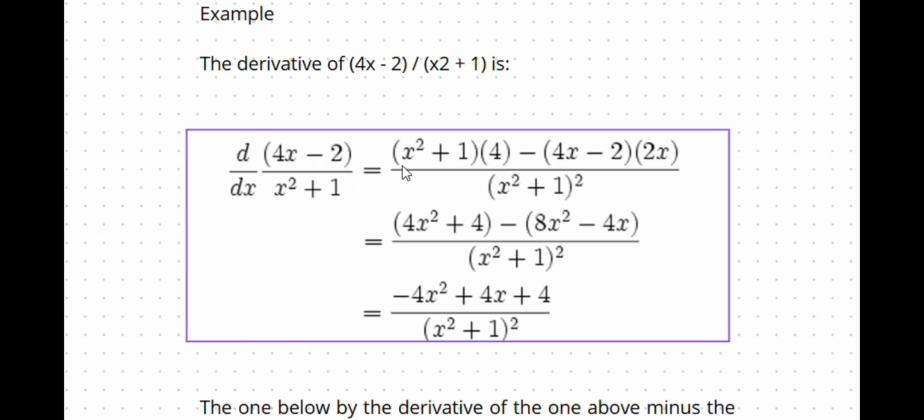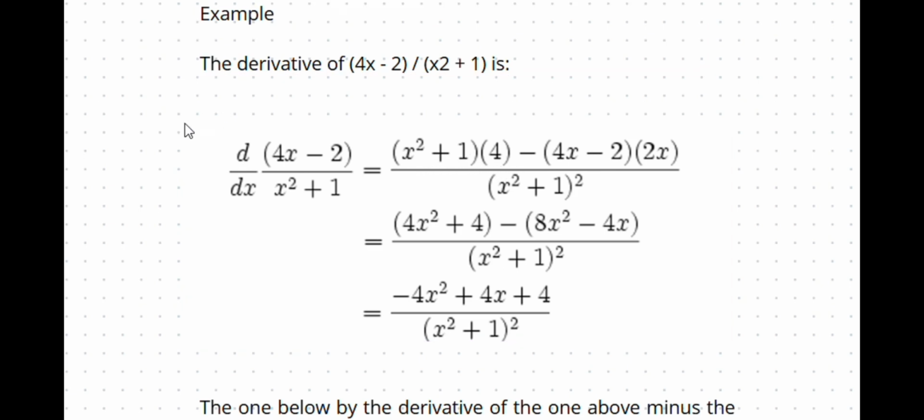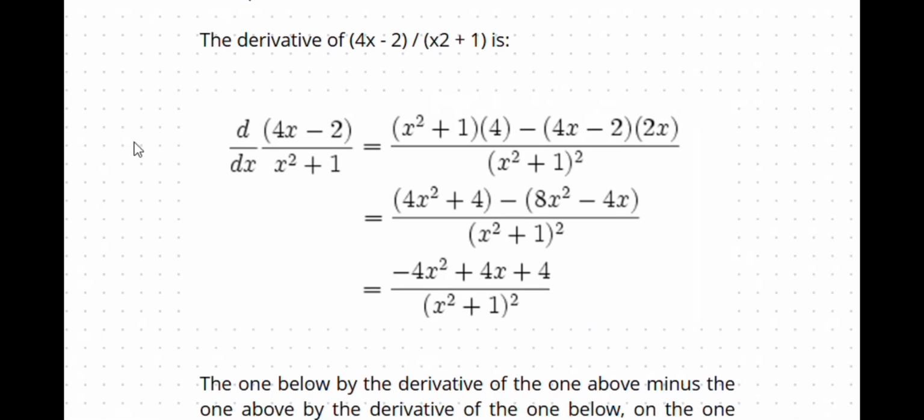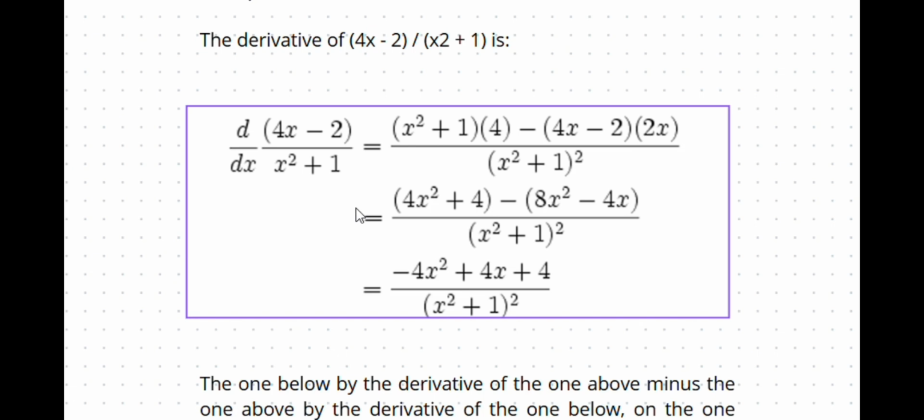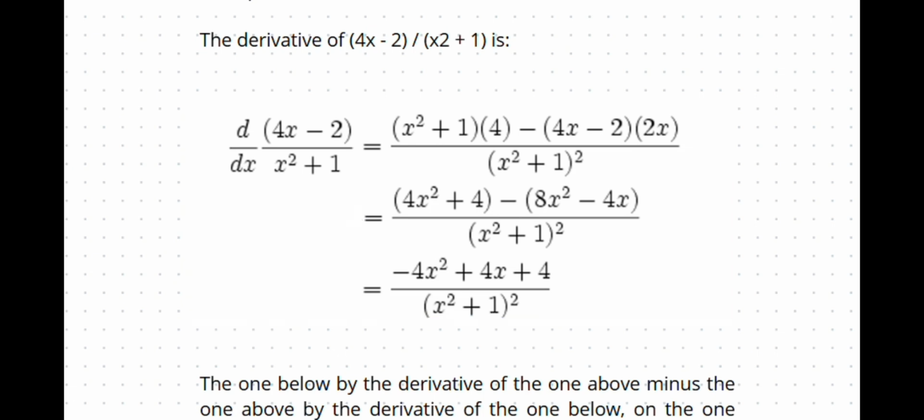equal to (x squared plus 1) times 4 minus (4x minus 2) times 2x, divided by (x squared plus 1) squared.